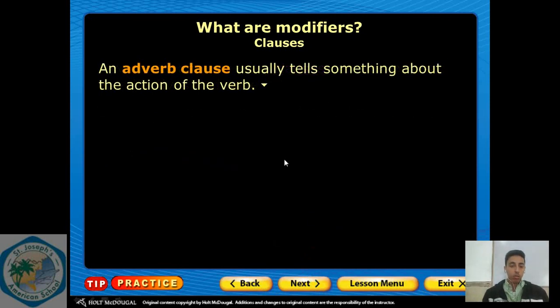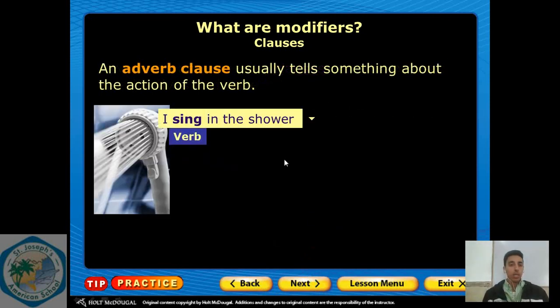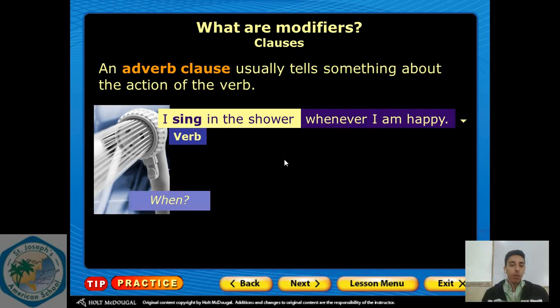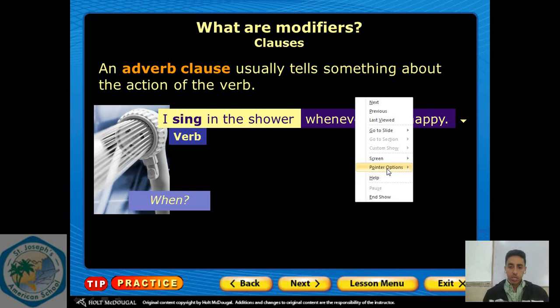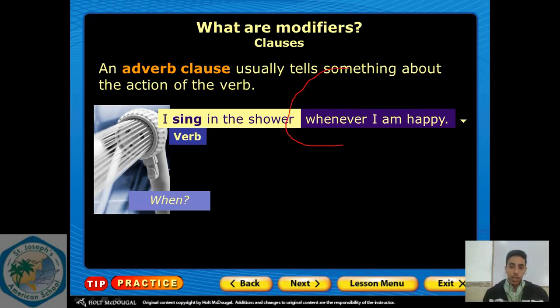Let's now see what an adverb clause is. An adverb clause has a verb and a subject, and it modifies the main verb in the independent clause. When do I sing? Whenever I am happy. All of this behaves as an adverb for the main verb.